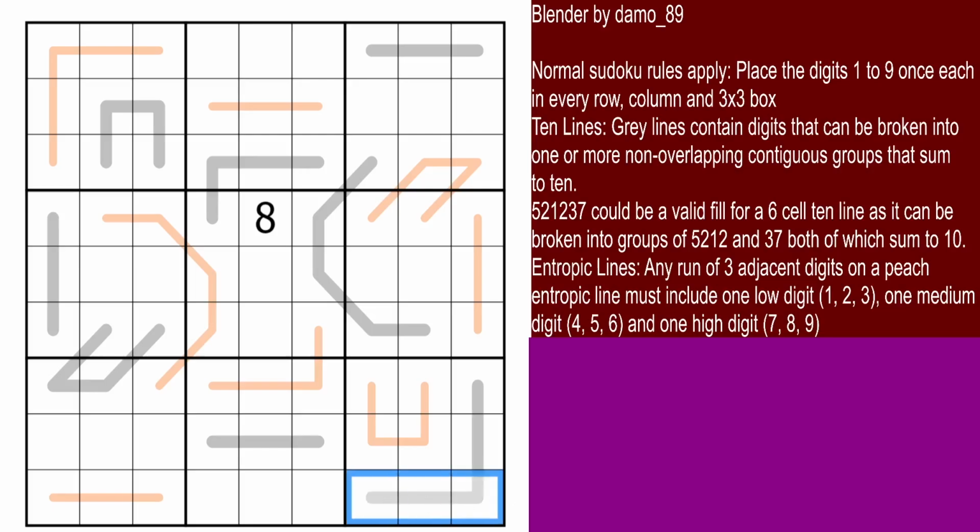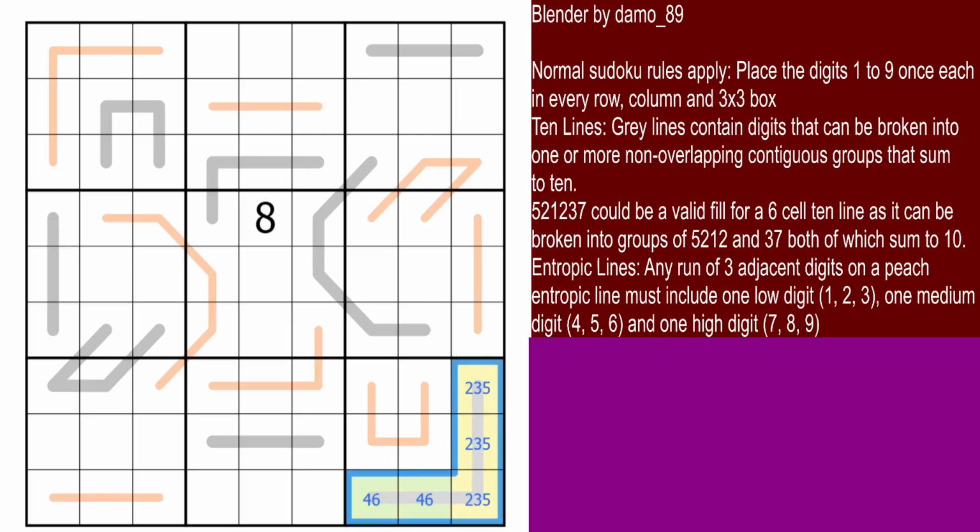This could be something like these two segments summing to 10, and then these two summing to 10. Or the other way, maybe these three could sum to 10, and these two could sum to 10. So this could be something like 2, 3, 5, and then 4 and 6, because this will sum to 10 and this will sum to 10.